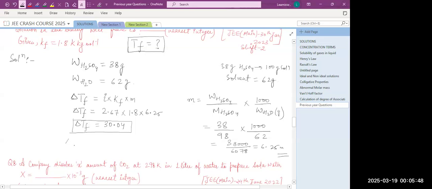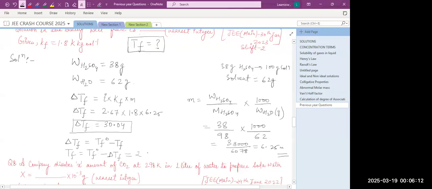We have to find the value of TF, the freezing point value, not the depression in freezing point. The formula is delta TF equals TF naught minus TF. So from here, TF will be equal to TF naught, the freezing point of pure component, minus delta TF.